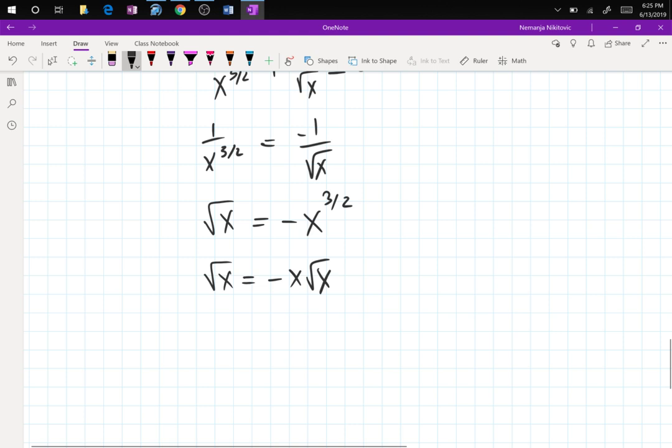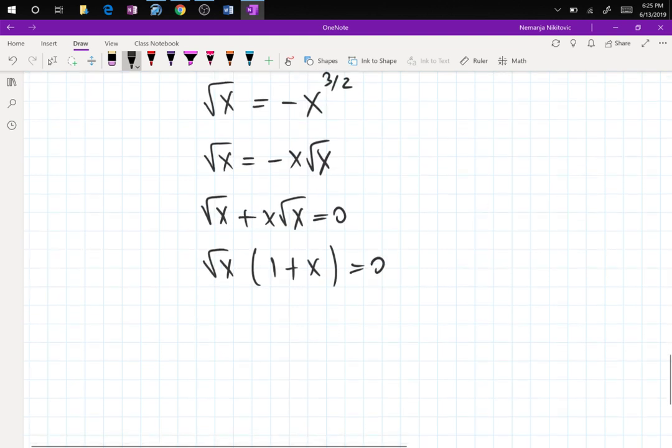So now we solve: move everything to the same side, factor out root x, and we get x equals 0, which we can't use, and we get x equals negative 1. Also can't use, not in the domain.